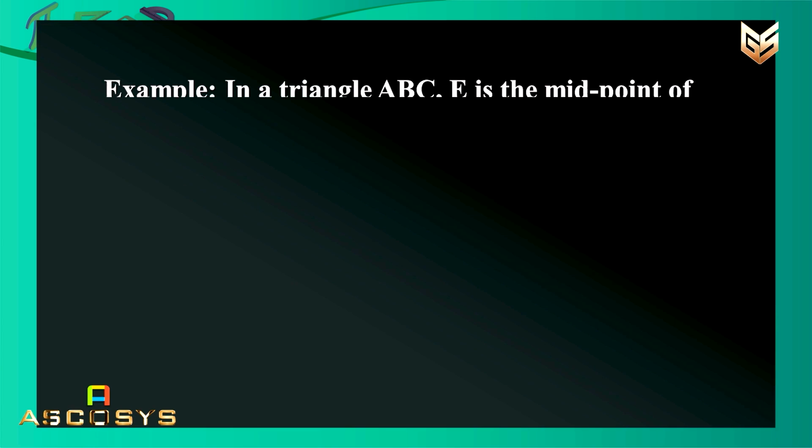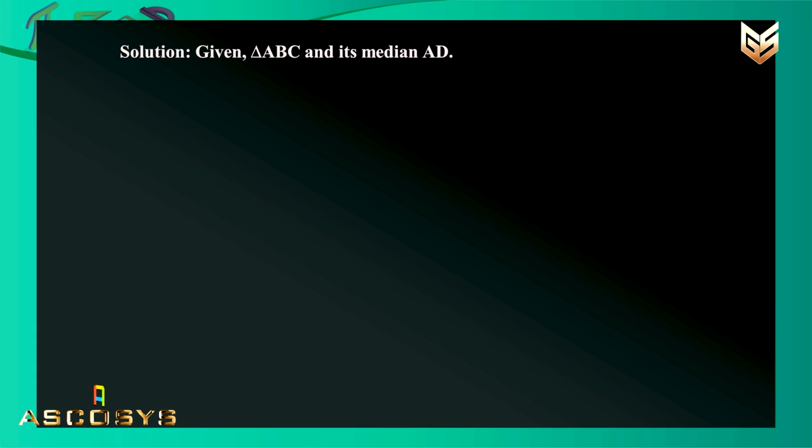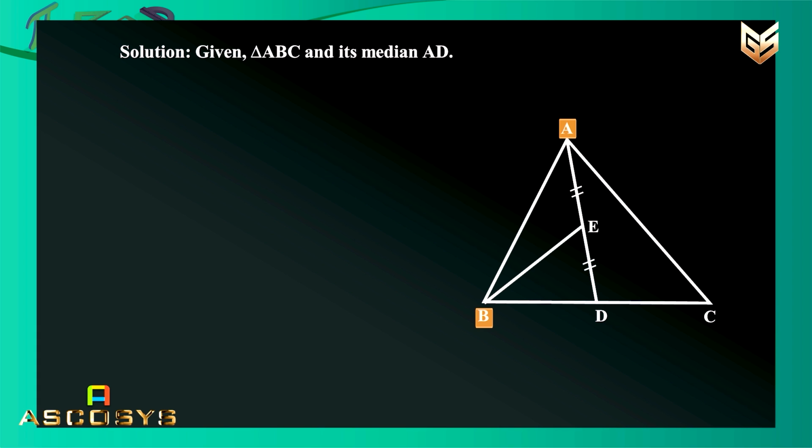Now here we have one question. In a triangle ABC, E is the midpoint of the median AD. Now you need to show that area of the triangle BED is equal to 1/4 of the area of the triangle ABC. So here triangle ABC is given where AD is the median and E is the midpoint of the median AD.